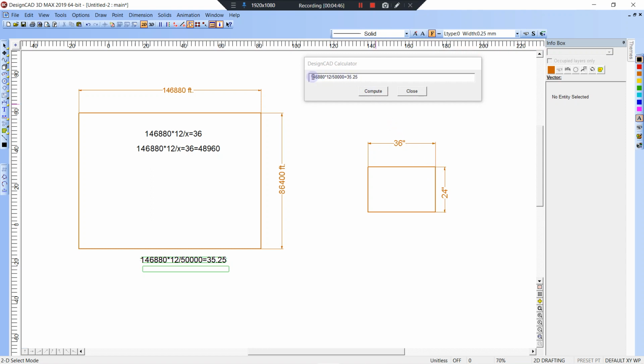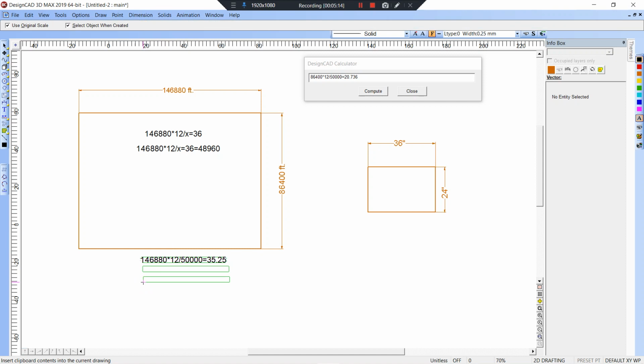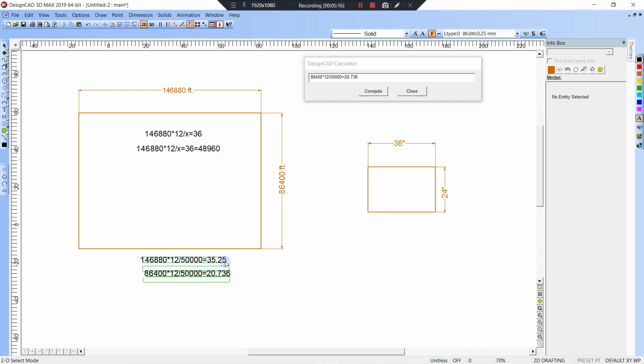And then we're going to do the same thing for the other direction, using this number, 86,400. Control C, compute, Control V equals, Control C, Control V. So that's what we have in the other direction.